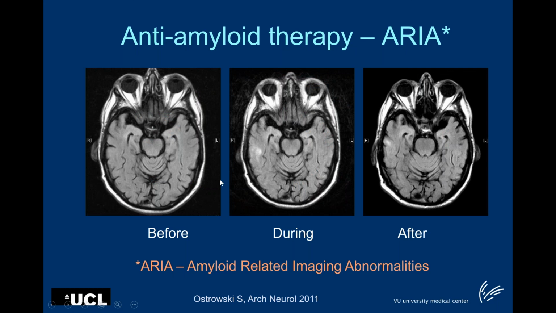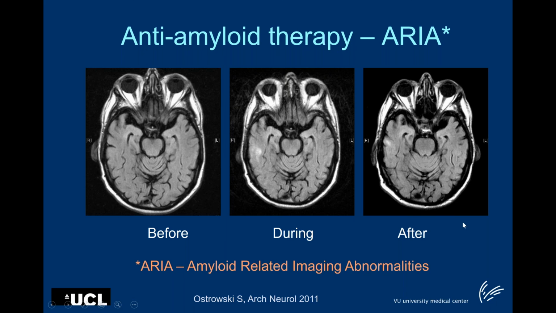And in fact, if you remove it too quickly, you can develop an inflammatory reaction. On the left side, you see a FLAIR image before therapy, and then during therapy, this patient developed an area of edema, relatively subtle in this case, sometimes can be much more extensive. Most of these are asymptomatic, and when you stop the drug, it decreases and in fact also disappears after a while.